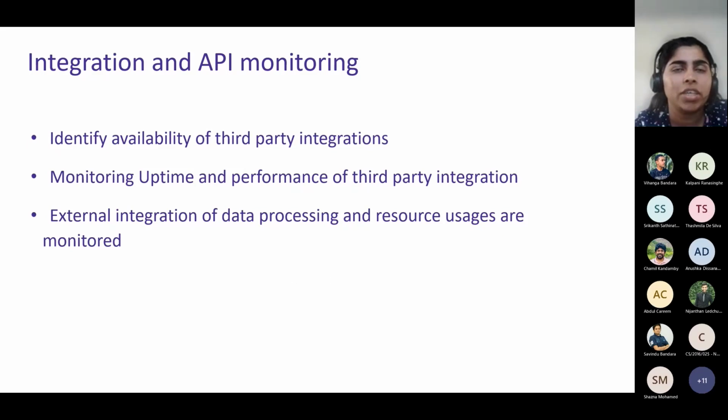We can set that if the CPU usage is over some percentage, an alert is raised, and then engineers can take action to fix that type of issue. So we should monitor this type of third-party integration to make sure our systems work properly and our users get a good user experience using our systems.